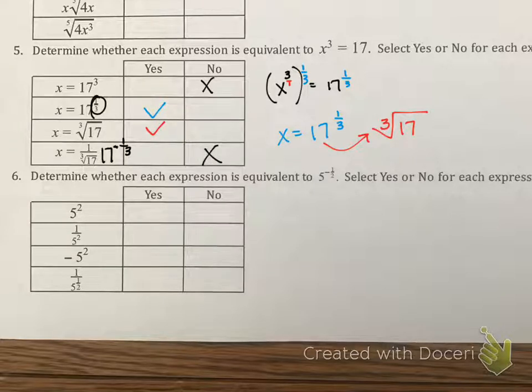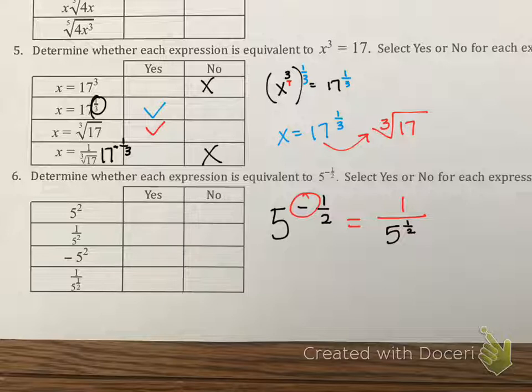Number 6 says determine whether each expression is equivalent to 5 to the negative 1/2, and that actually ties back into what I just said on the last one. 5 to the negative 1/2. This negative tells me put it under 1 or give it a fraction, and I have 1 over 5 to the 1/2. Now, let's look.